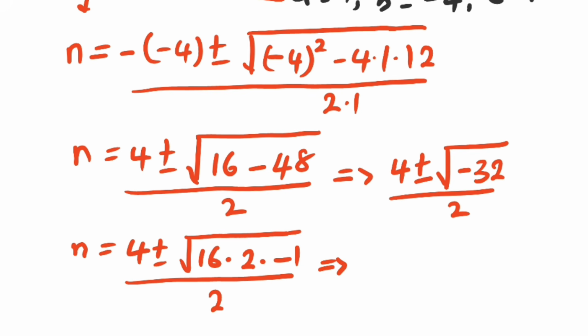This is same thing as 4 plus or minus square root of 16, that is 4. Square root of minus 1 is i, then root 2 over 2.